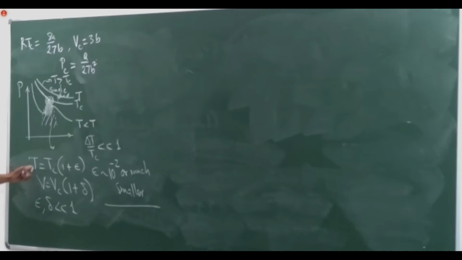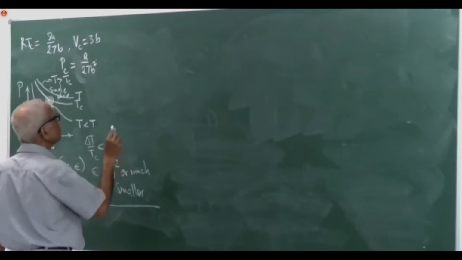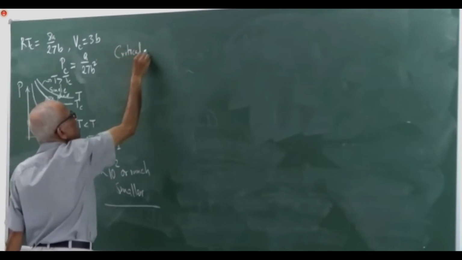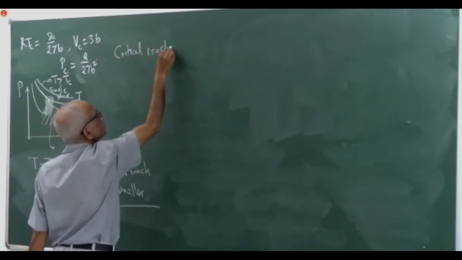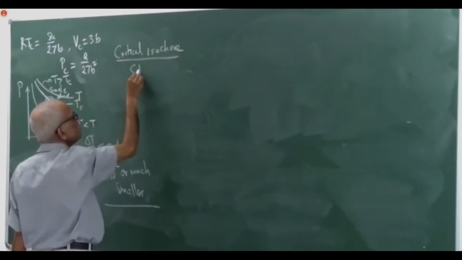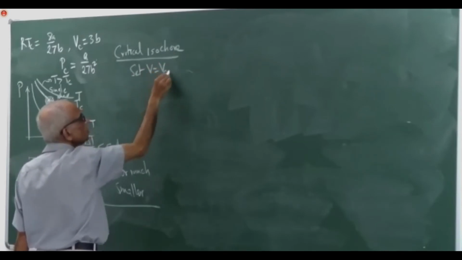So I'm focusing on the immediate vicinity of this critical point, so epsilon and delta are very small. The first thing I will calculate, I will be on the critical isochore, which means set V equal to Vc.